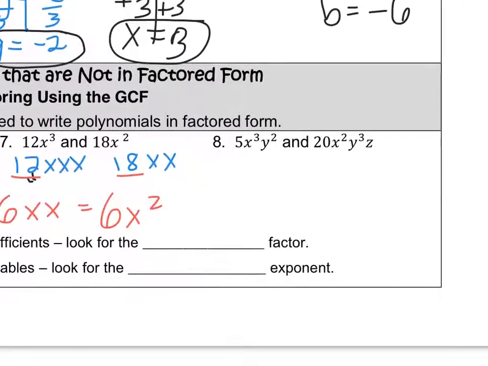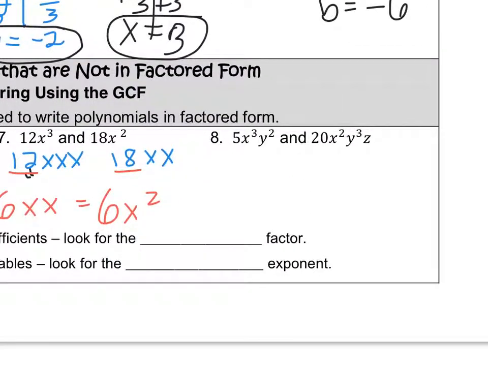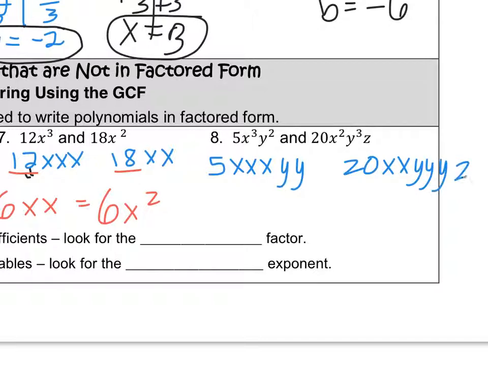Okay, so let's look at one that's a little bit more expandable. And I'm going to expand it out first. So I've got 5x to the third, y to the second, and I've got 20x to the second, y to the third, and a z.